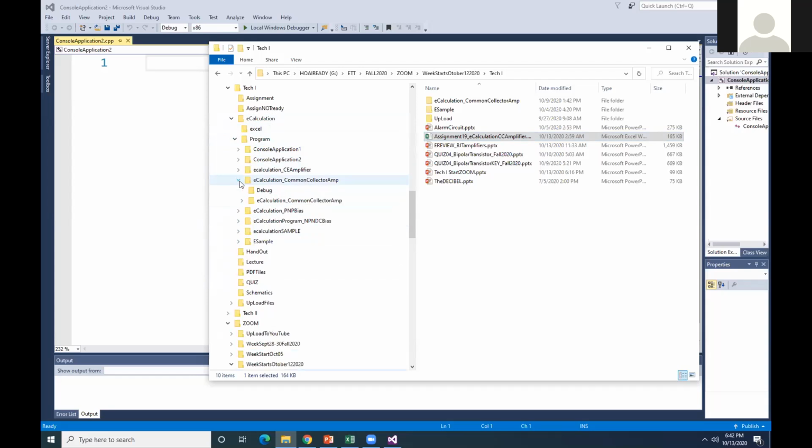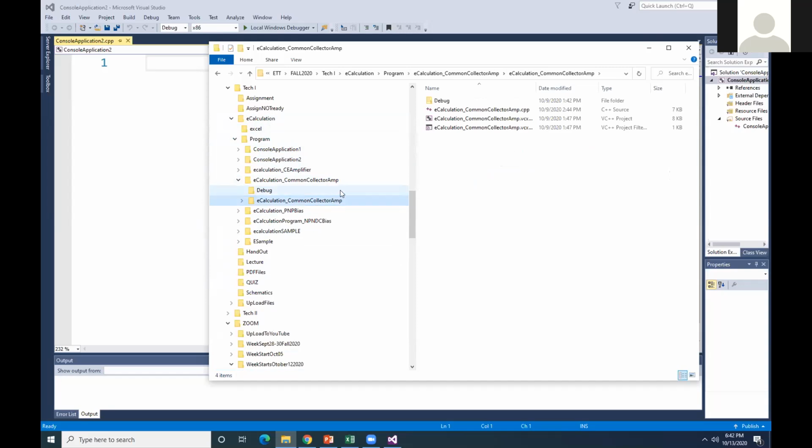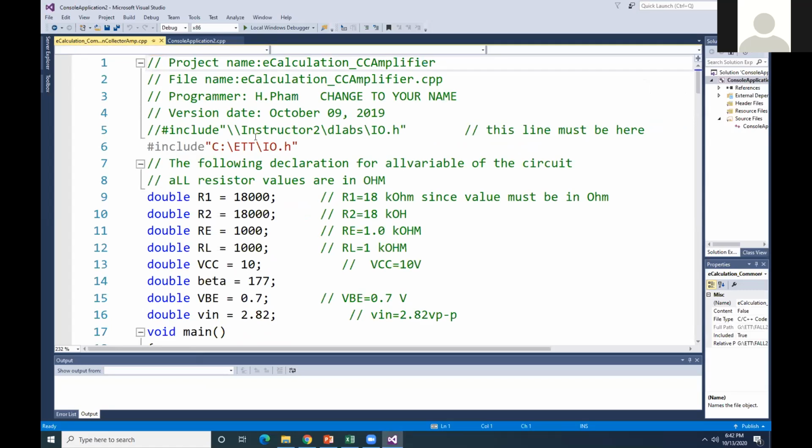You see, in here you get common collector, and click on the second folder. And you see in here they get a C++ source file. And you can click on that. You see that? They will be displayed here.